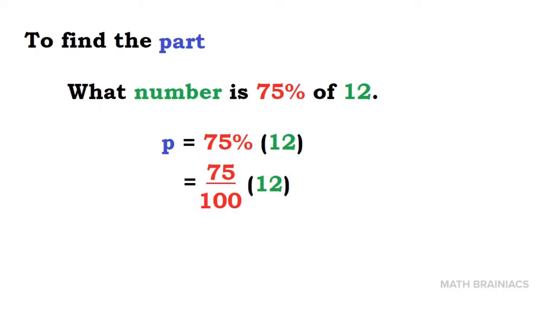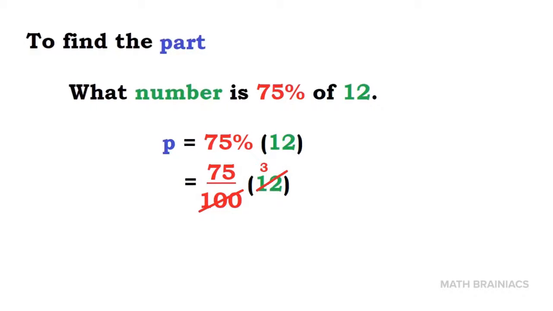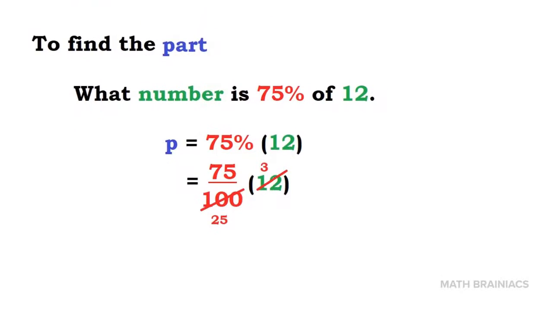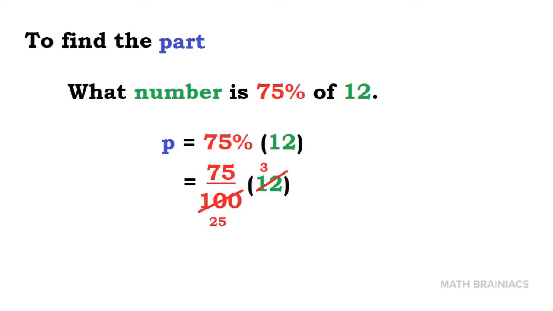We need to find the common factor of 12 and 100, or 75 and 100. Let us try first the common factor of 12 and 100, which is 4. Therefore, 12 divided by 4 is 3. And 100 divided by 4 is 25. Likewise, the common factor of 75 and 25 is 25.